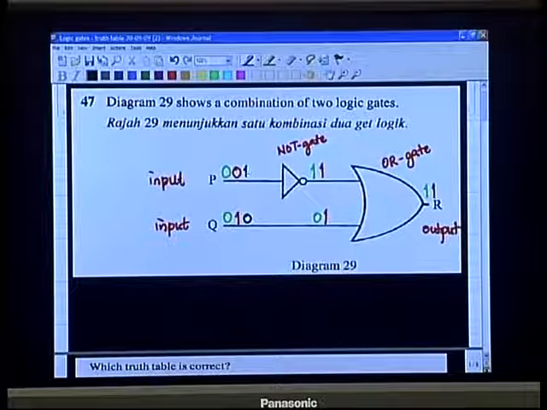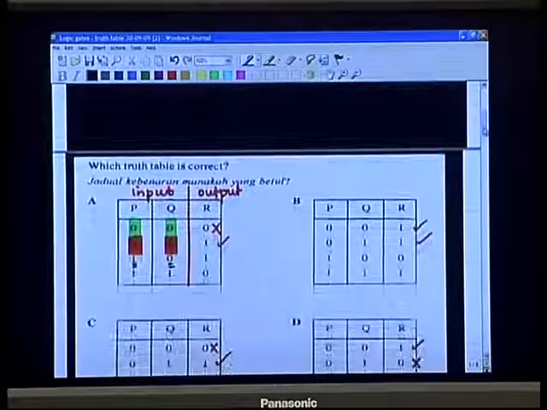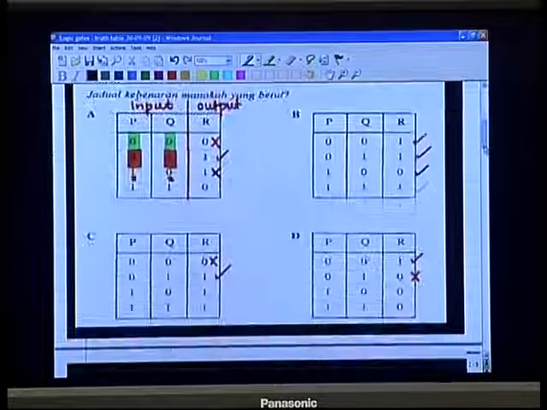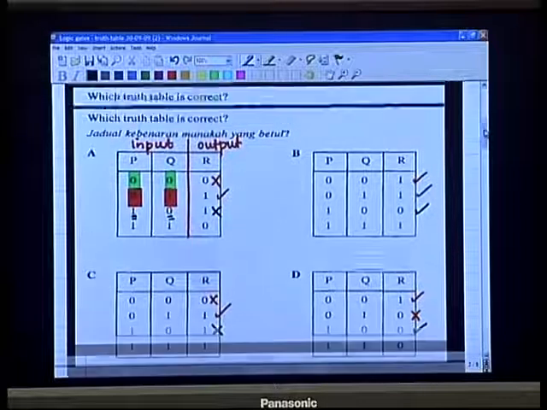So 1 going through the NOT gate, it becomes 0. 0 is 0. 0, 0 going through the OR gate, it becomes 0. Alright? So the third one is 0, the output. This is wrong. This is right. Wrong. Alright? 0 is correct.